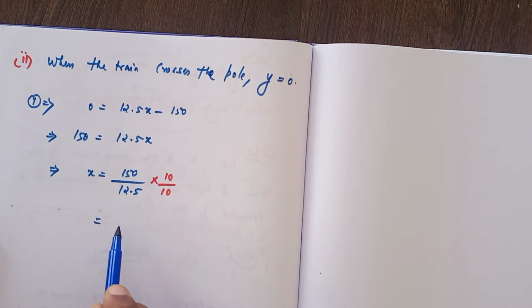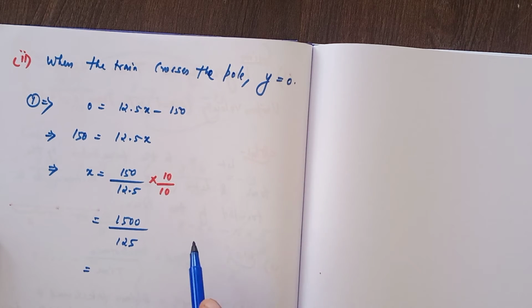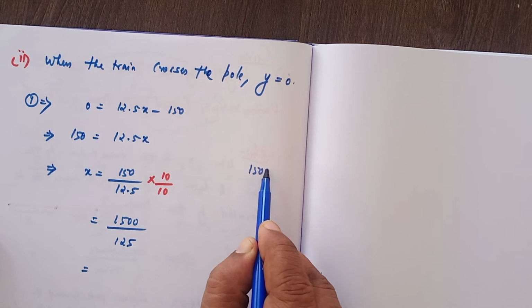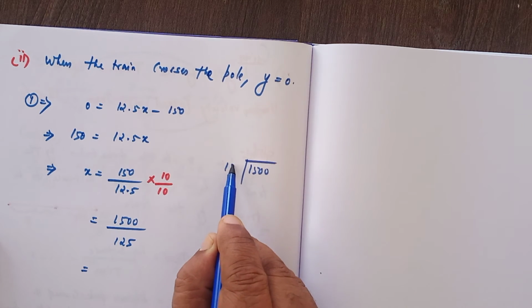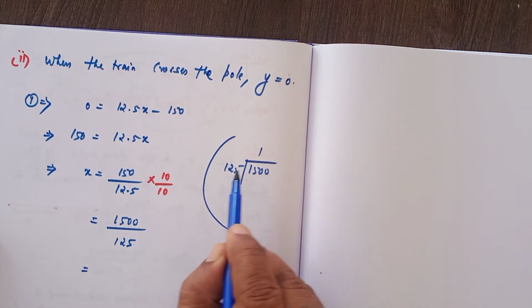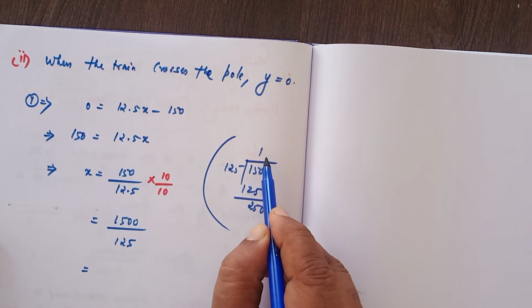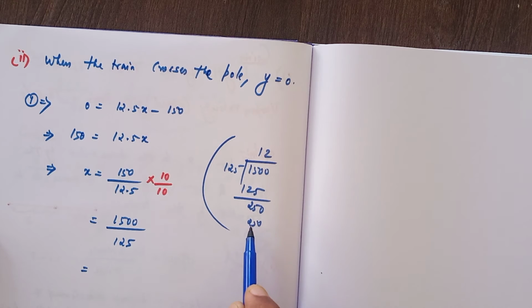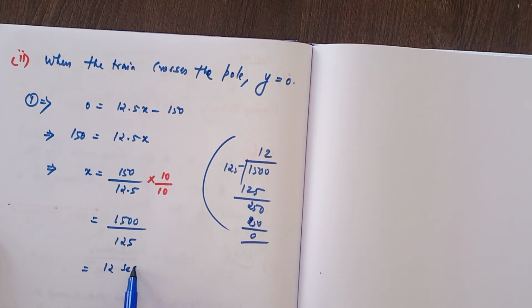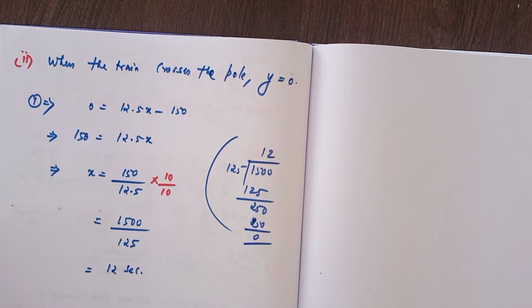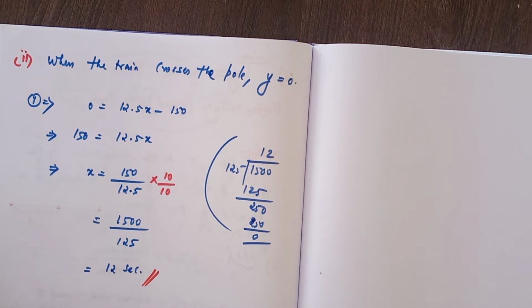We will be getting 1500 divided by 12.5 into 10, that is 125. So 1500 divided by 125. 125, balance 25, bring down 0, 2 125s are 250, balance 0. So 12 seconds. Subdivision 2 answer: 12 seconds.